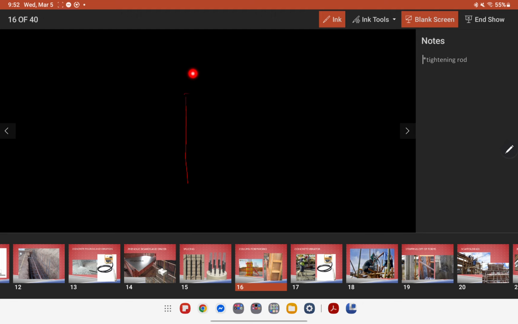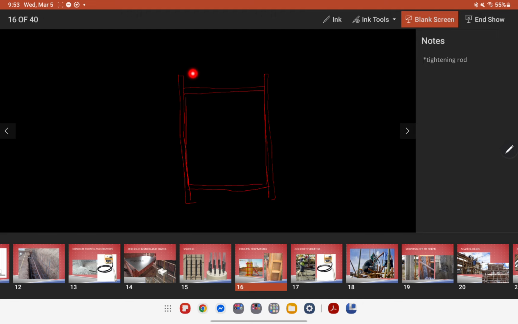So if this is your column, this will be your plywood. That would be your plywood, and there's also another plywood here to be your formworks.